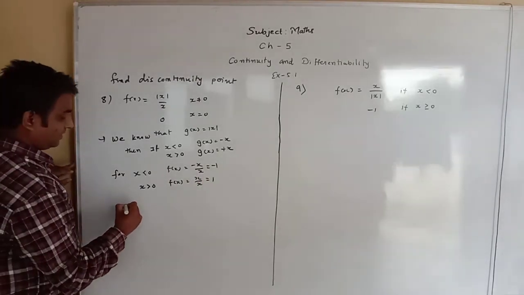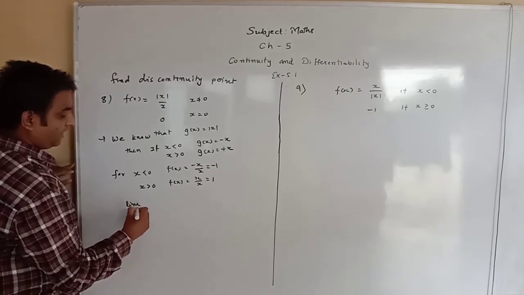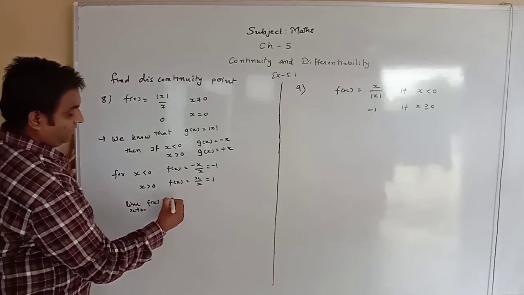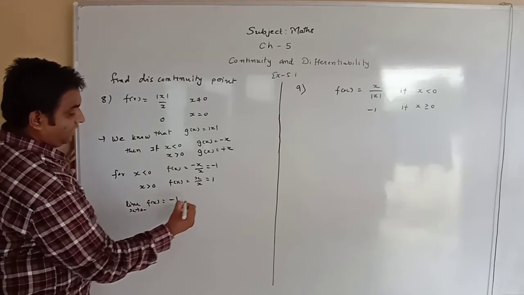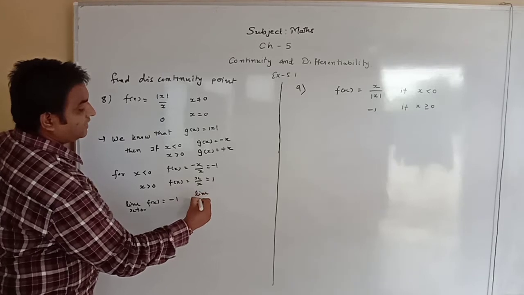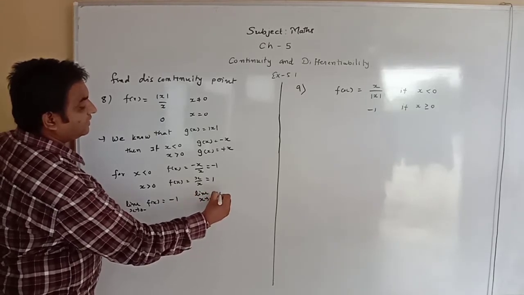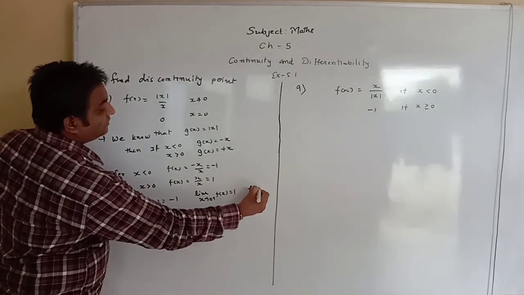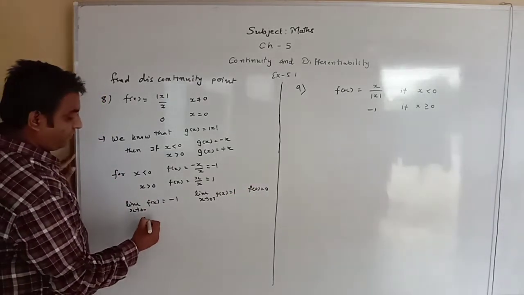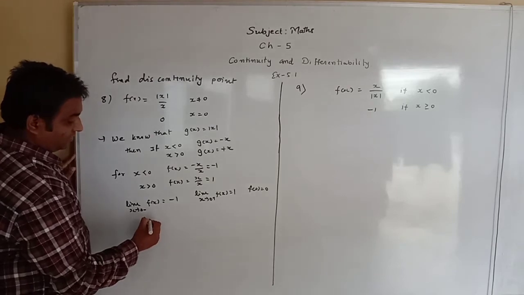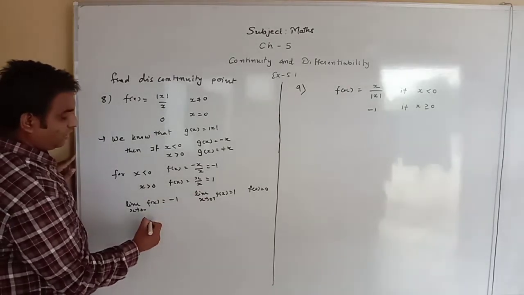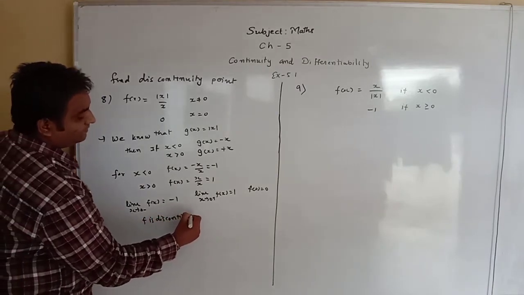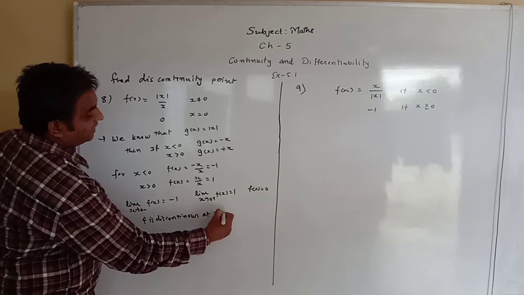And so we can calculate the limit as x tends to 0 minus of f(x), and it will be -1, and the limit as x tends to 0 plus of f(x) will be 1, and f(0) is given as 0. So the left limit, right limit, and f(0) are not equal, so f is discontinuous at x = 0.